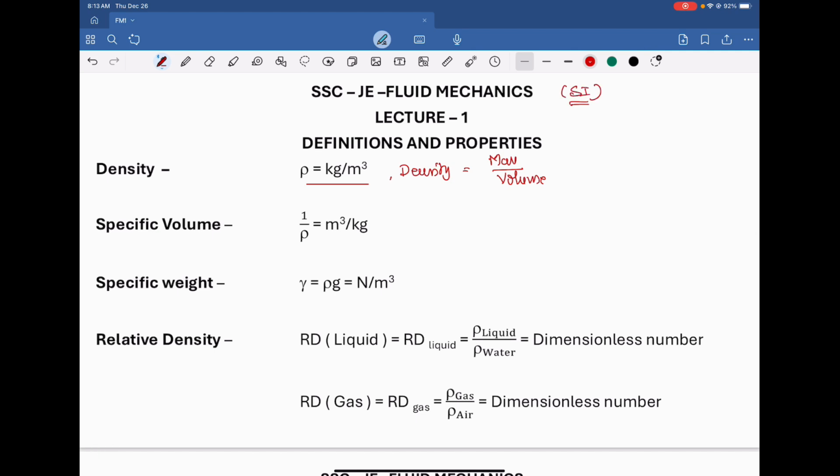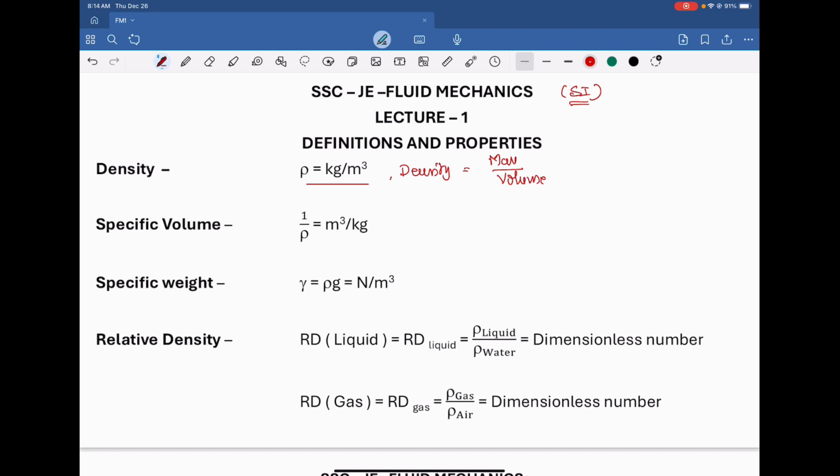In the examination of either GATE or UPSC or SSC JE, we will be dealing with SI units. If you want a conversion from SI units to other units, you can refer to standard books, but I will be dealing with SI units only.